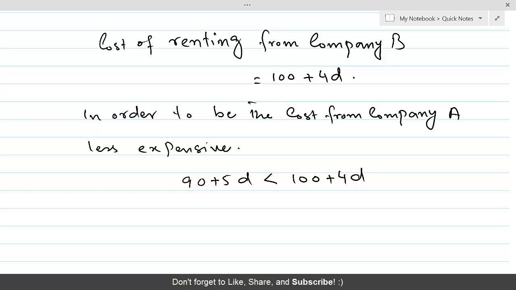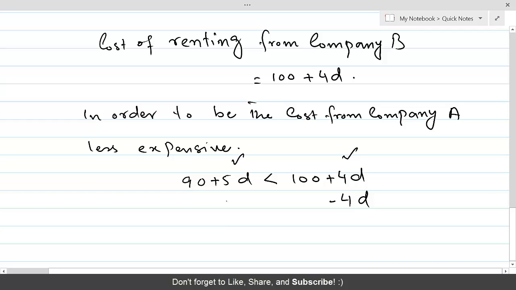So for that purpose, same old story. We want to get rid of this 4D so that we can bring 4D and 5D on one side. We want 4D to disappear from the right side and appear on the left side. So where do we want 4D to disappear? The right side. Therefore, we are going to add minus 4D.